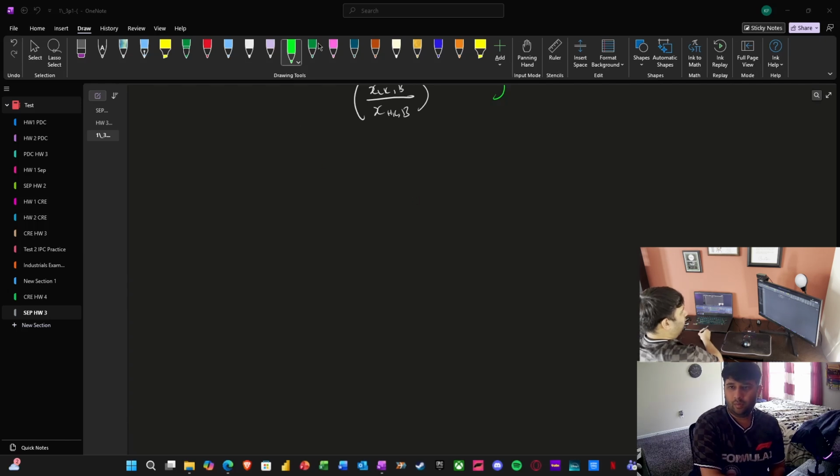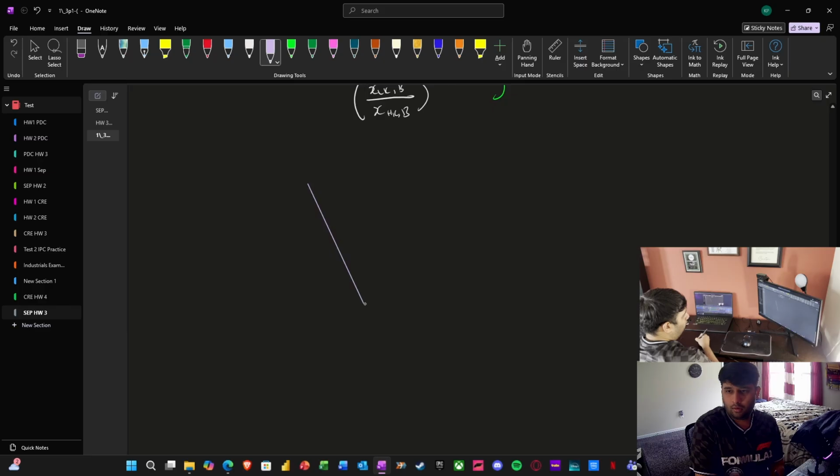So for this, what we want to look at is, let's draw a graph. What we see on this is we have our operating line, and then we have our reaction curve.